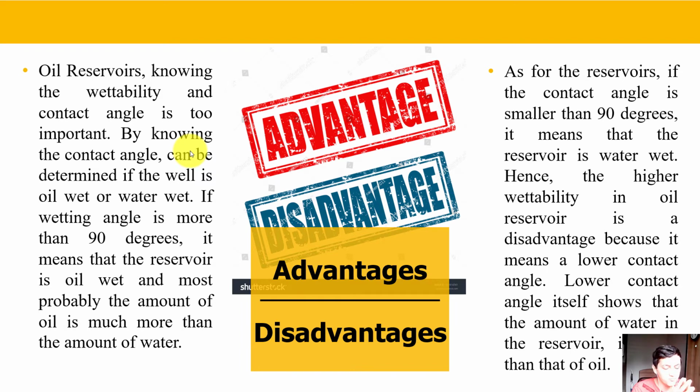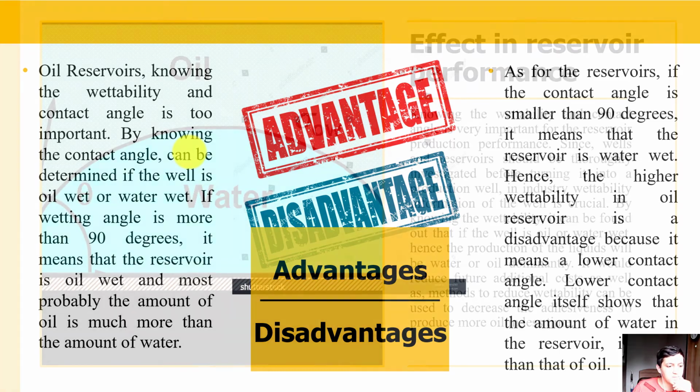If the well is oil wet, it means that the wettability to oil is very high, and the oil will be stuck on the matrix, on the grain of the rock. However, if it is water wet, it can mean that there is a lot of water there. However, the water will stick on the grains, and oil will be easily moving inside the reservoir.